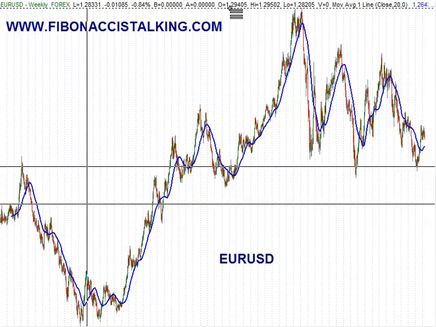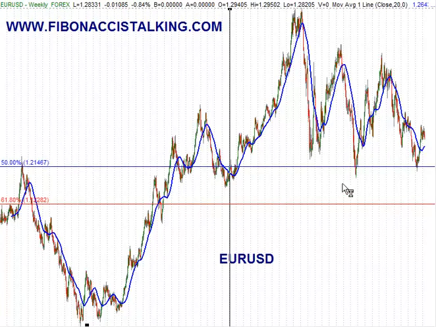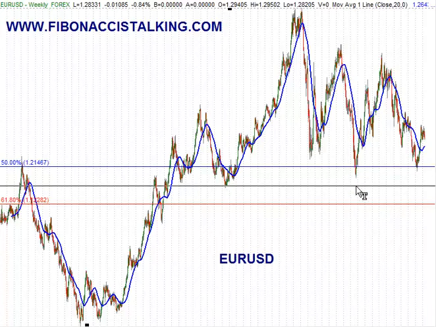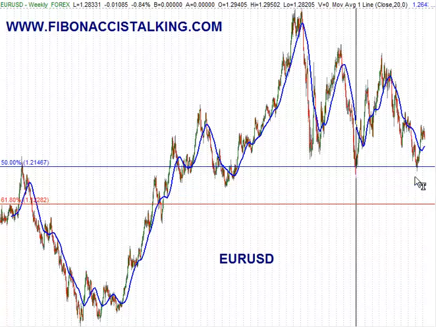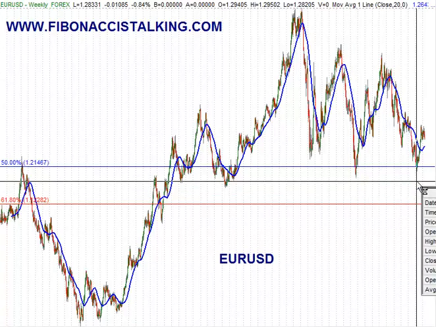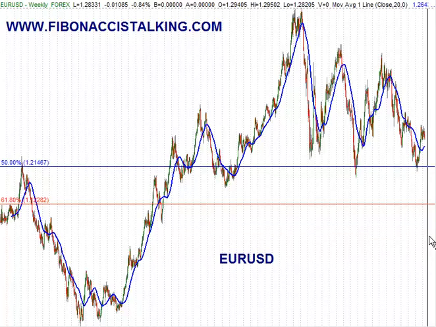You will remember from last week's review that we have this 121.50 area which has supported price already in November 2010, and is doing the same since July this year.